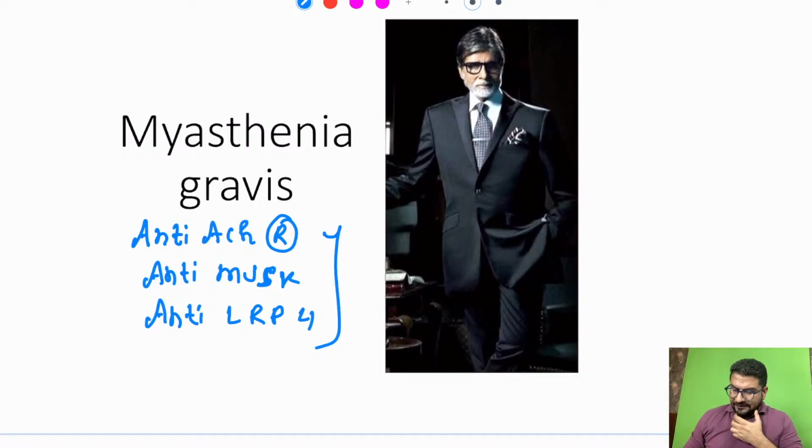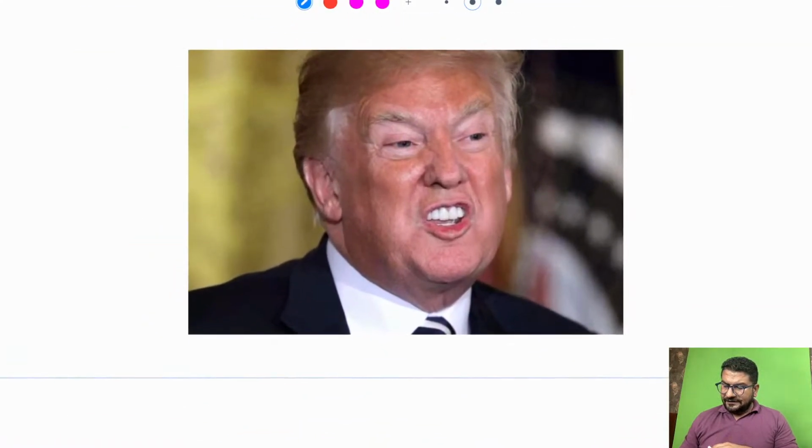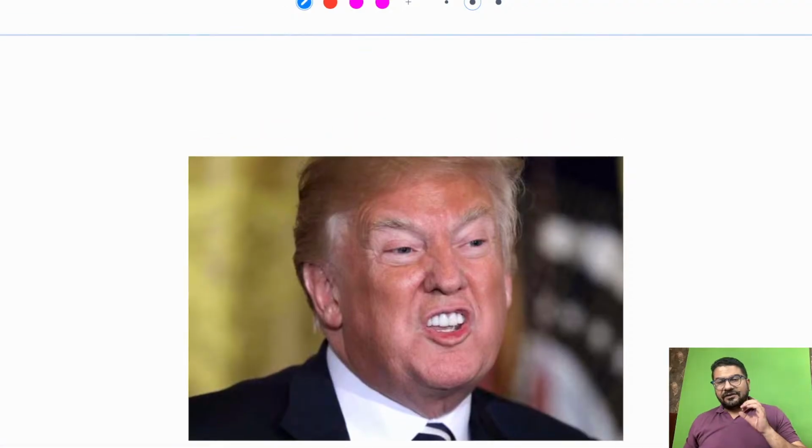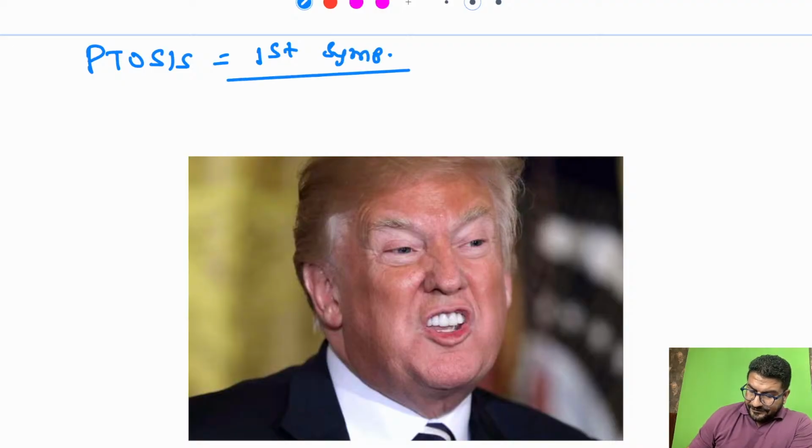Now look, जब भी आप myasthenia पेशेंट को देखोगे you will see different symptoms. So I can say symptom will be weakness. So weakness पूरी body में होगी. So first symptom that patient will develop will be ptosis. You can see weakness in the facial muscles.